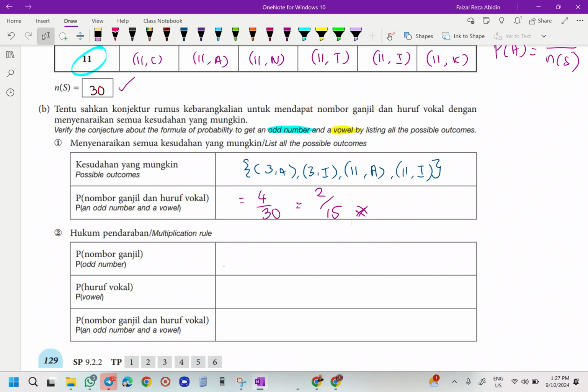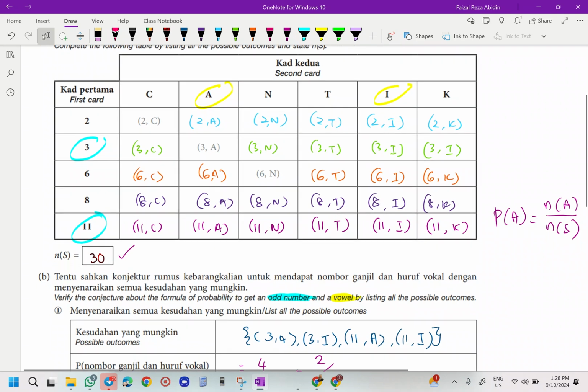Now if you look over here, this one we are going to use our multiplication rule. What is the probability of getting an odd number only in our first card? How many?